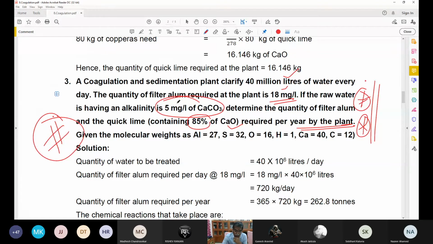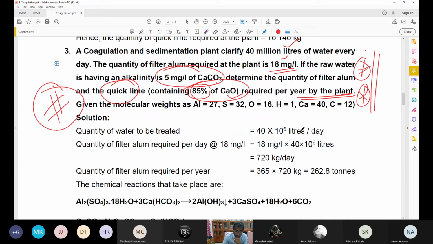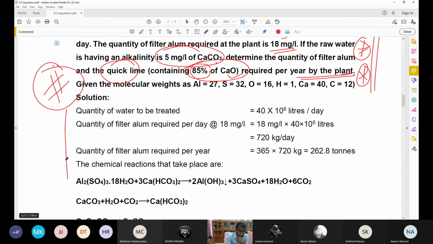This alkalinity might not be sufficient, so you have to add alkalinity in terms of quicklime, which contains 85% of calcium oxide. Now you have to calculate how much alum and how much lime is required for this treatment. I'm not going to discuss this in detail because we are already familiar with it.